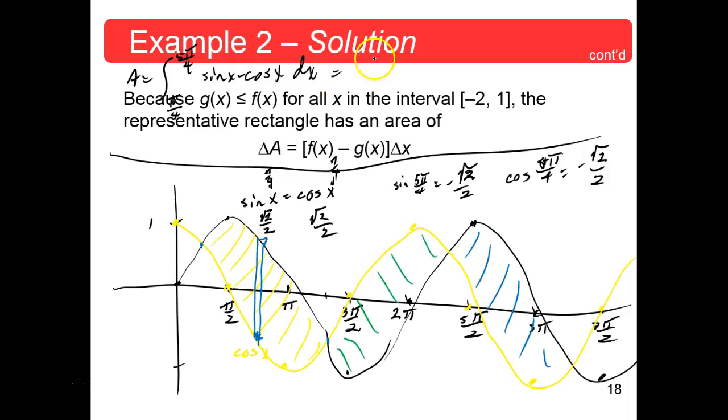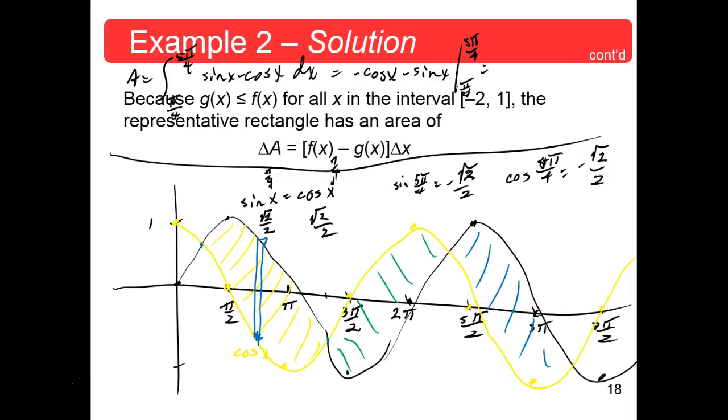Can we do that integration? The antiderivative is what? Negative cosine x minus sine x, evaluated between pi fourths and 5 pi fourths. Okay? Well, let's plug and chug then.